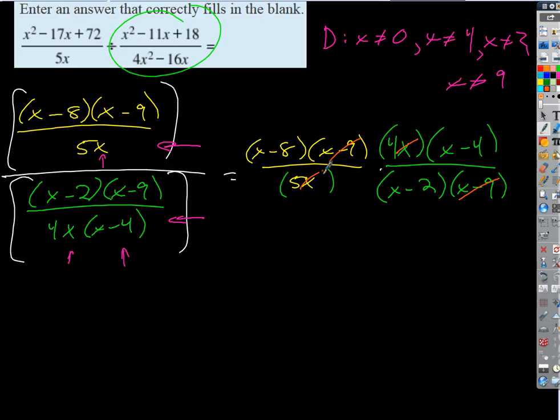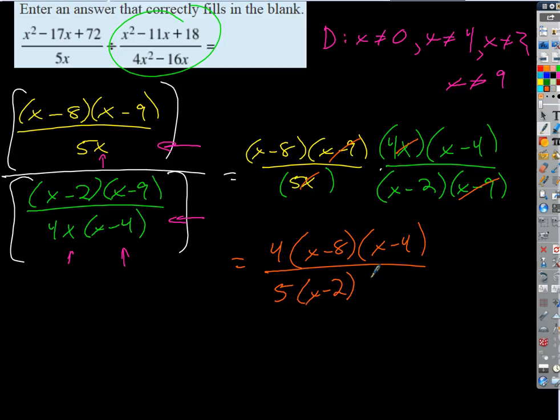I think that's it, huh? Right, so our answer then is just going to equal 4 times the quantity (x minus 8) times the quantity (x minus 4) over 5 times the quantity (x minus 2). That's it, x minus 2, right?